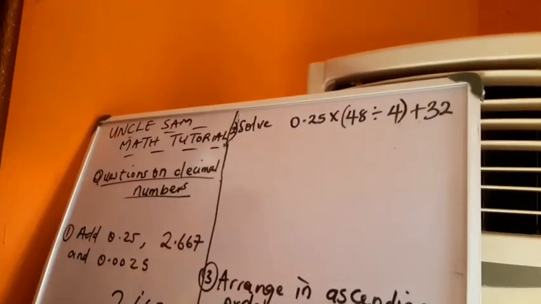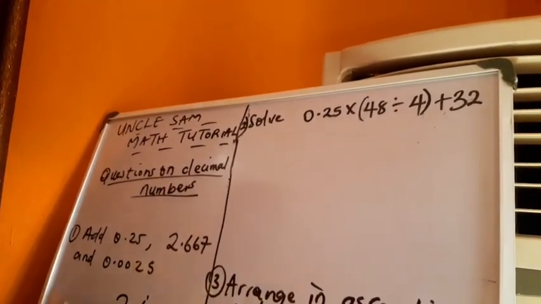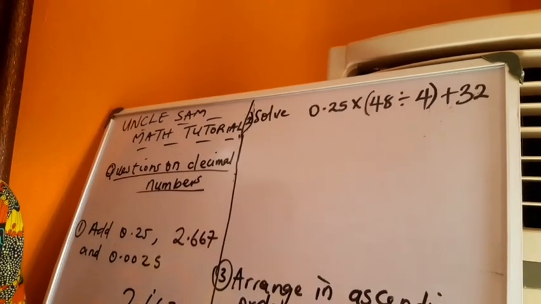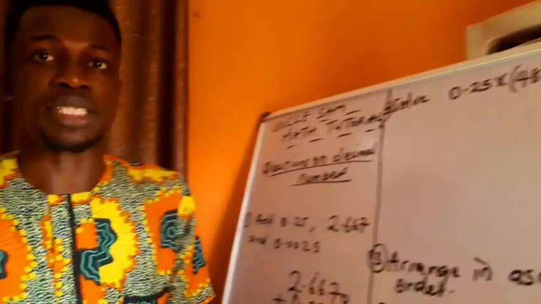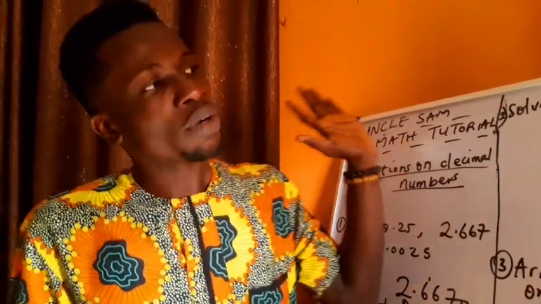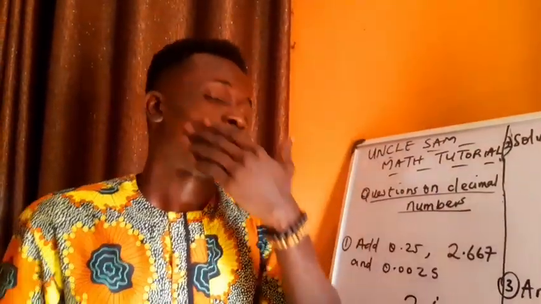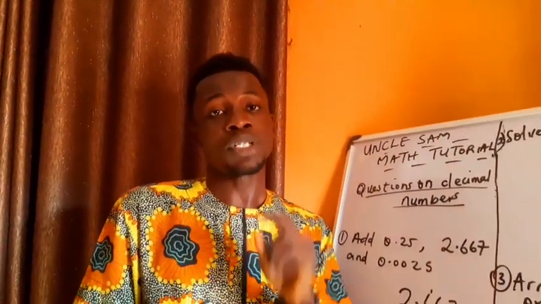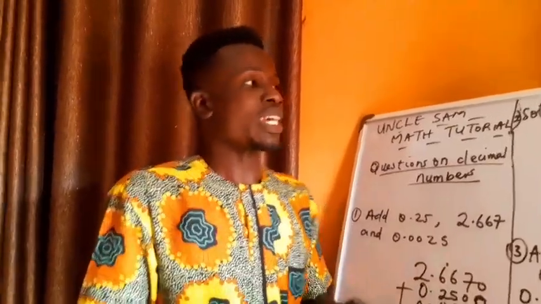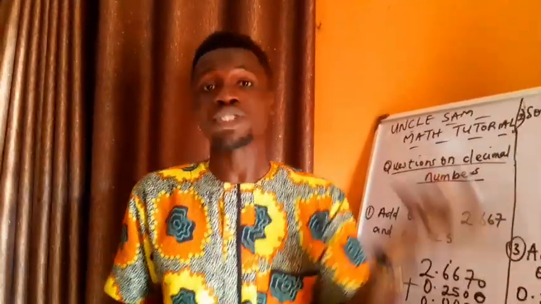Now, a much more complex question is here. We are asked to solve 0.25 times open bracket 48 divided by 4 close bracket plus 32. Now, we can't solve this literally because the community of mathematicians brought out a rule before you can solve this kind of question, because it involves more than 2 signs.